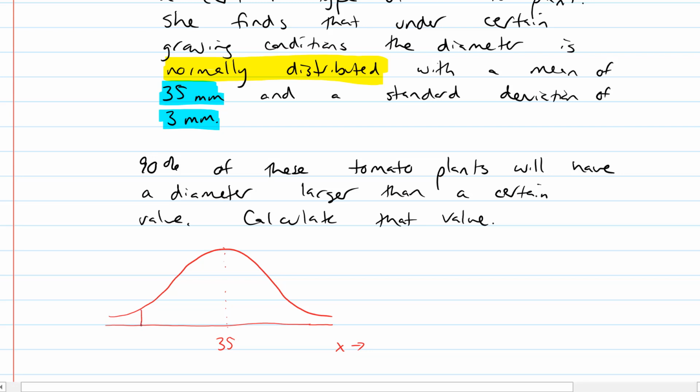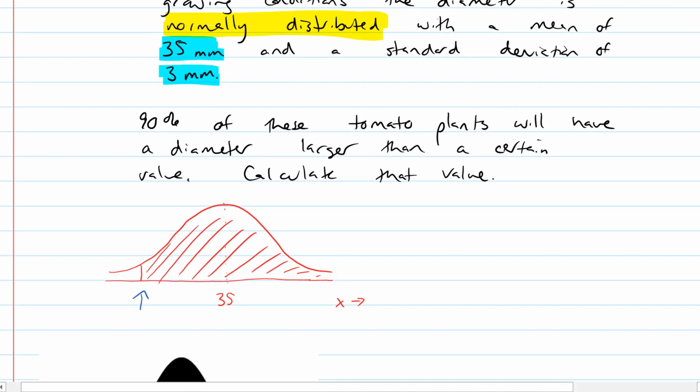So I'm going to draw the line down here somewhere, and then this entire shaded region up here is going to be equal to our 90%, and then our particular value of x of interest should give us a value that's below 35 millimeters. So again, writing this out, our mean is 35 millimeters.